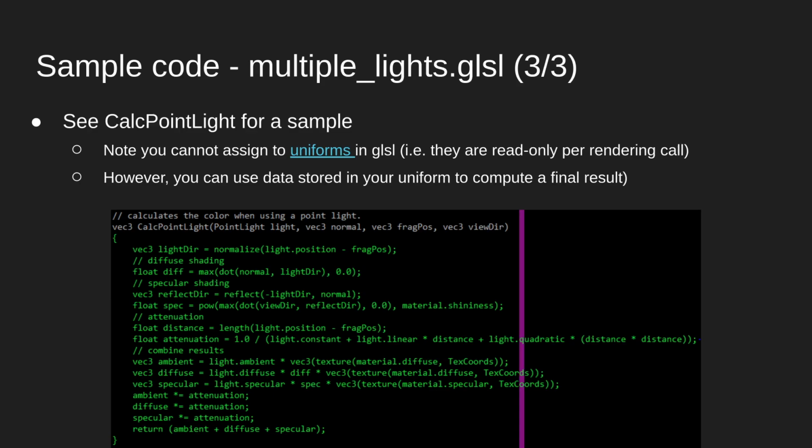So you can see here's a sample, where I've added a function called calculate point light, which takes in a point light, the normal for some object, the fragment position, and where you're viewing it from, and actually models that light and how much light is being contributed to the fragment's final color. So do take a look at this. It's nice to look at the body of code and see how we've separated things out into functions, and really try to study this.